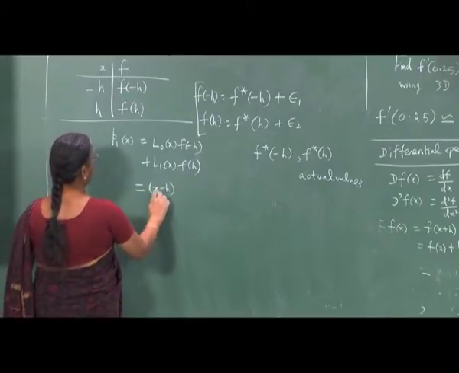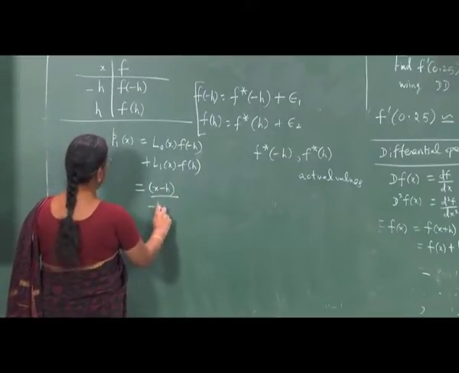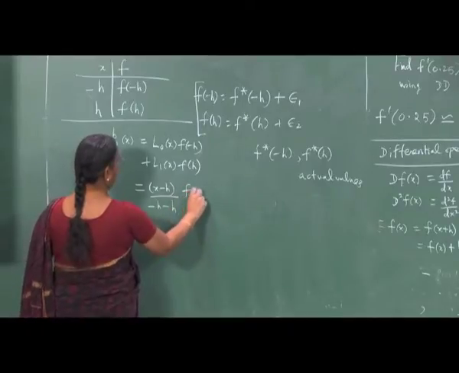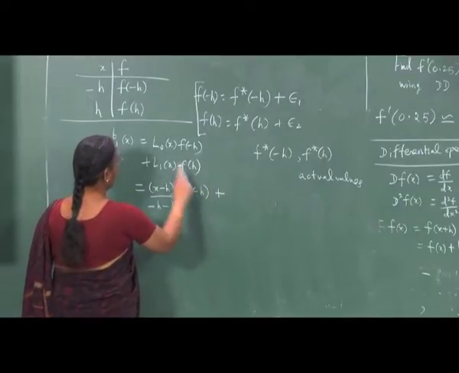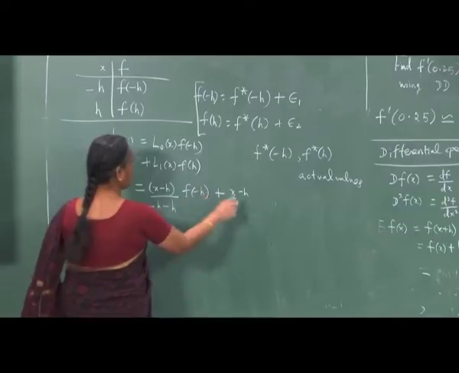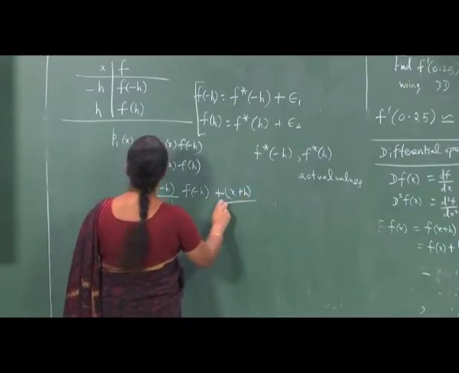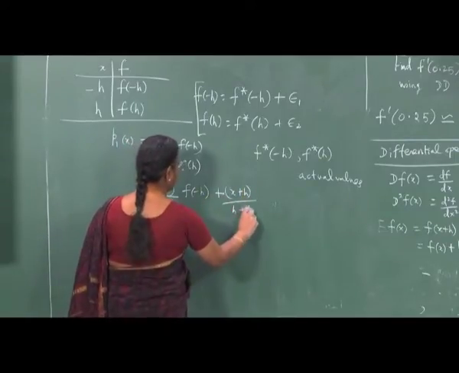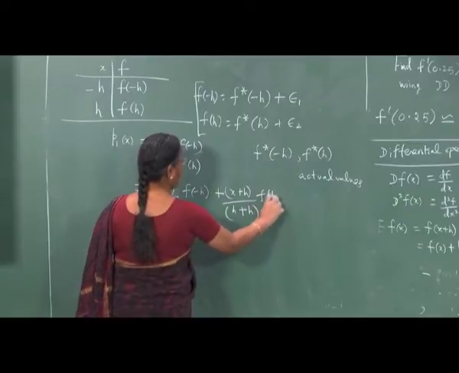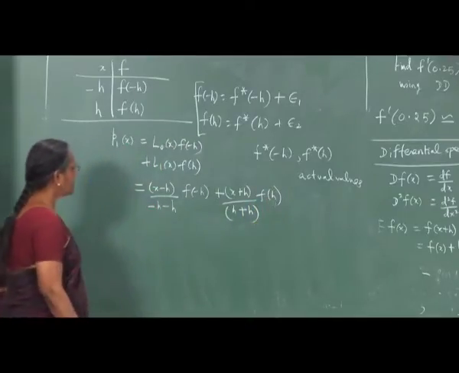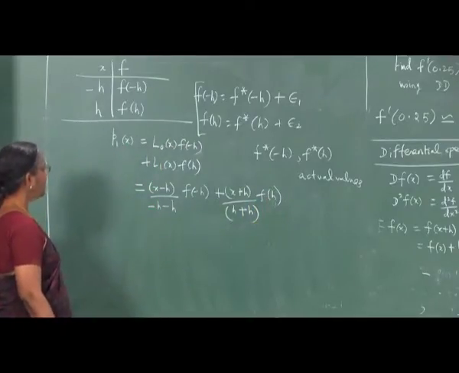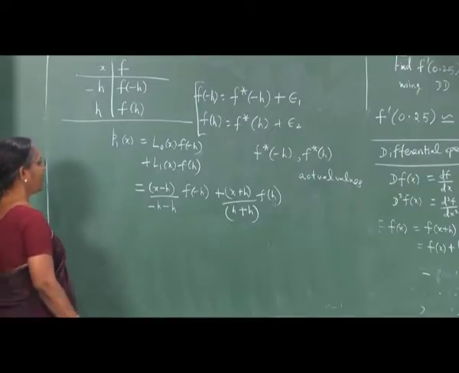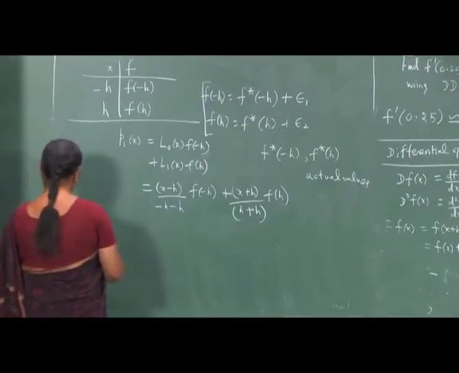It is x minus h by minus h into f at minus h. L1 of x will be x minus minus of minus h into f at h. So, this is the first degree linear polynomial that approximates this function.